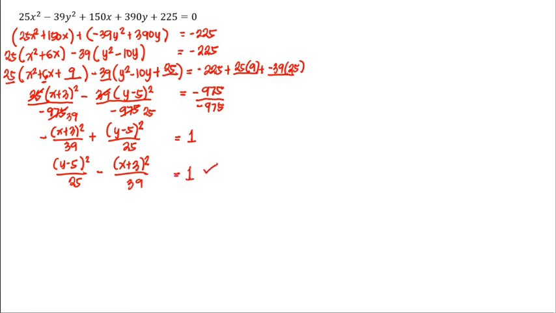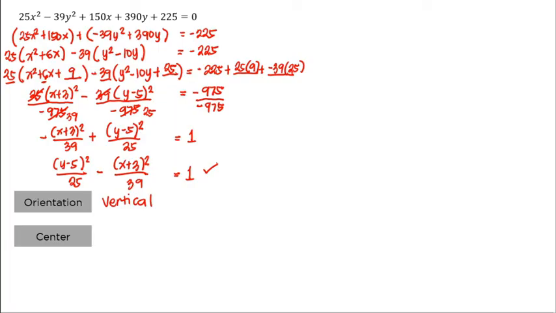This is now in standard form. And from that, since the positive term is y, the orientation of this hyperbola is vertical. Okay, so we have a vertical hyperbola.